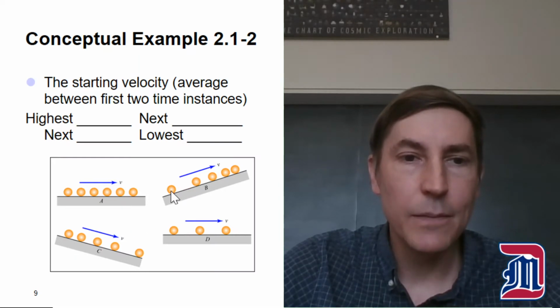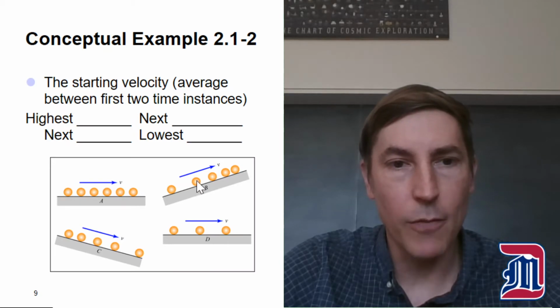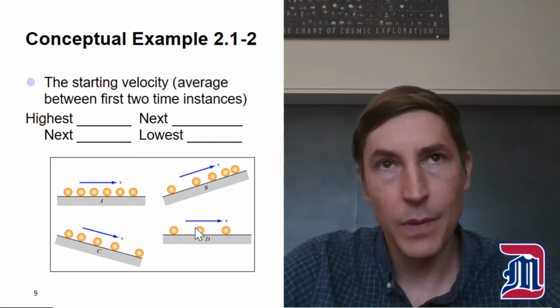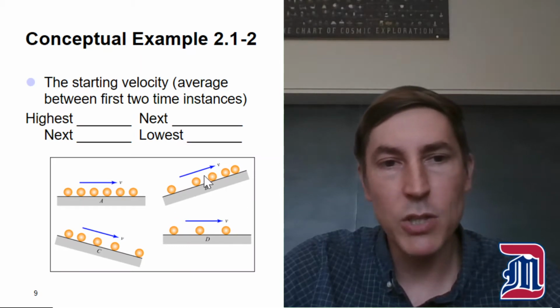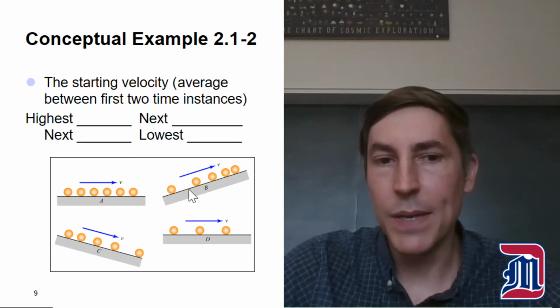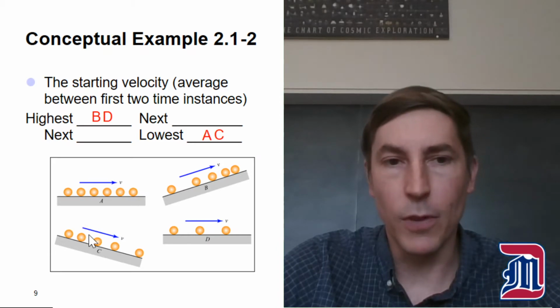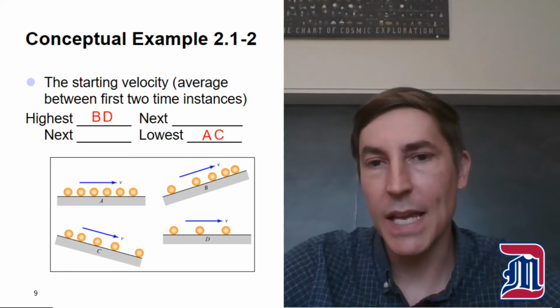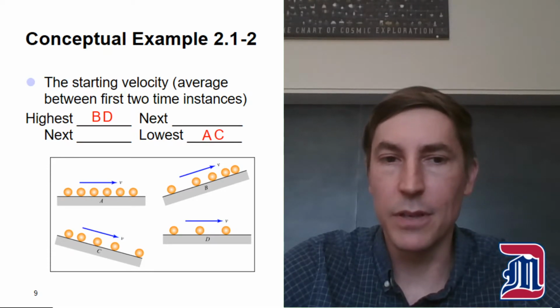With B and D, similar. The amount of ground covered between the first two snapshots for B and D also looks about the same. But comparing the two, B and D cover much more ground than A and C. That means B and D have a higher velocity and A and C have a lower velocity. So I would say B and D have the highest initial velocity and A and C have the lowest.